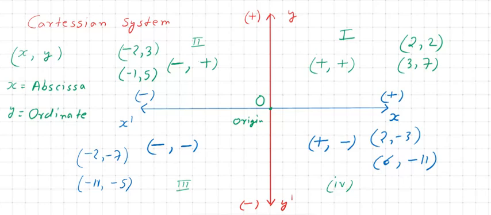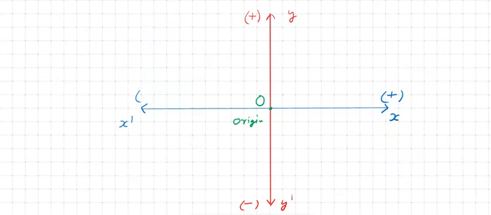Now we will learn how to locate the coordinates in this Cartesian system. Beta ji, let's see the names of the quadrants. The first quadrant name can be written as X O Y, because X, O the origin, and Y. This is the first quadrant.